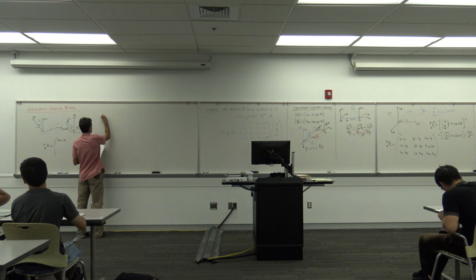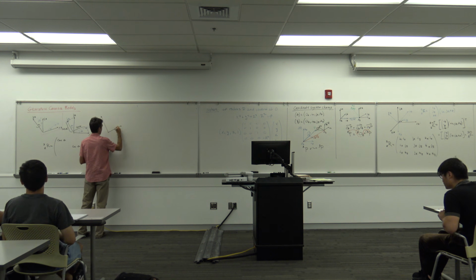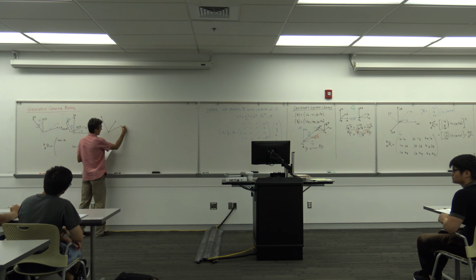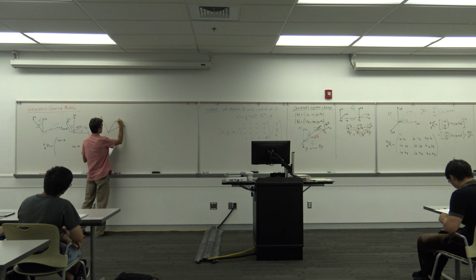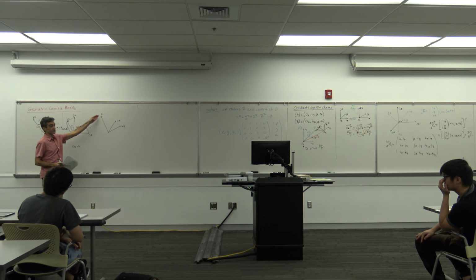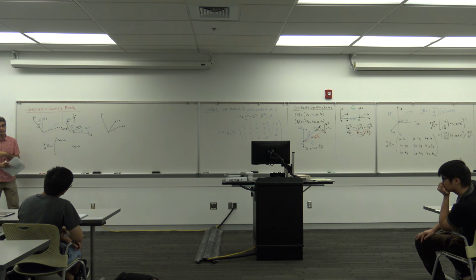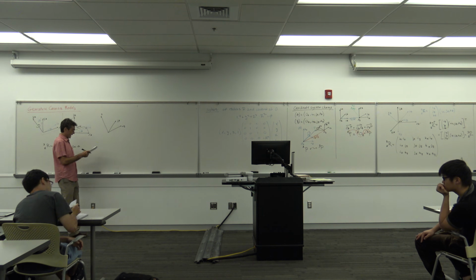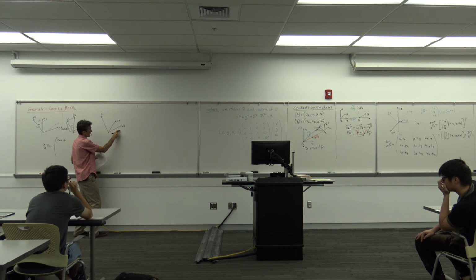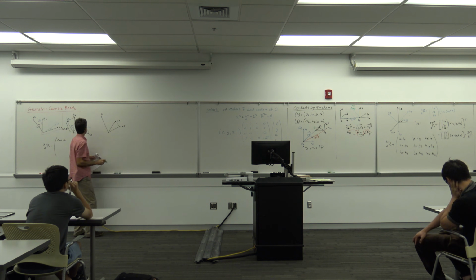I have IB, JA, and K. KA and KB are the same, so let's just call it K. And now I have to project JA onto IB, so I need to do this projection.